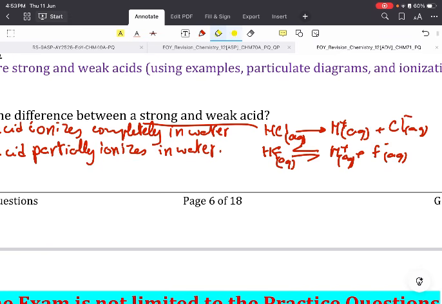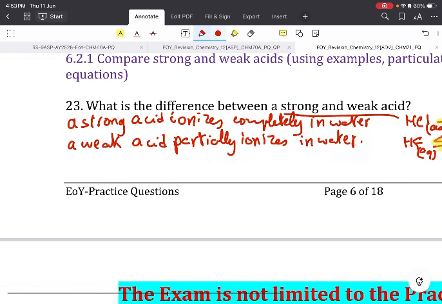The most important thing: the equation of a strong acid has a one-way direction, and the reaction of a weak acid must have these two double-sided arrows, the reversible arrow.